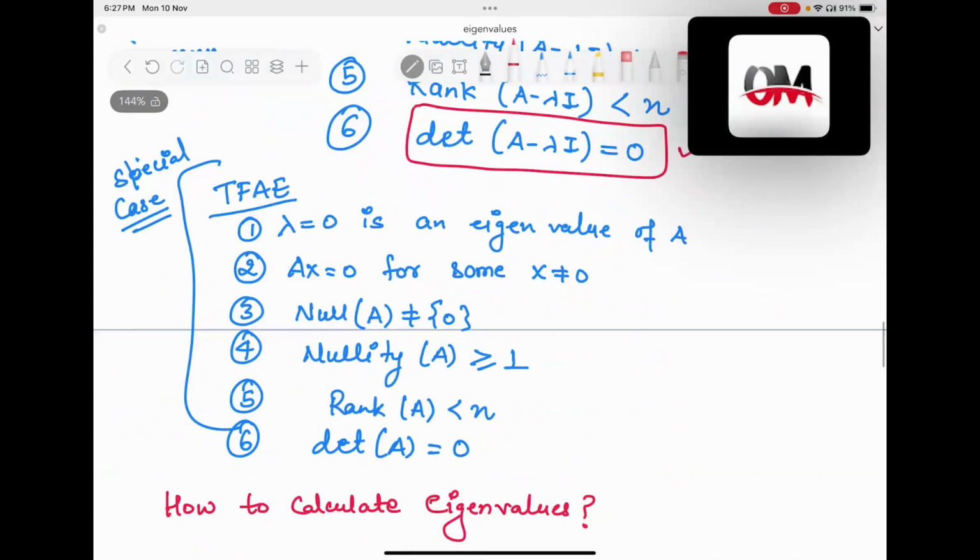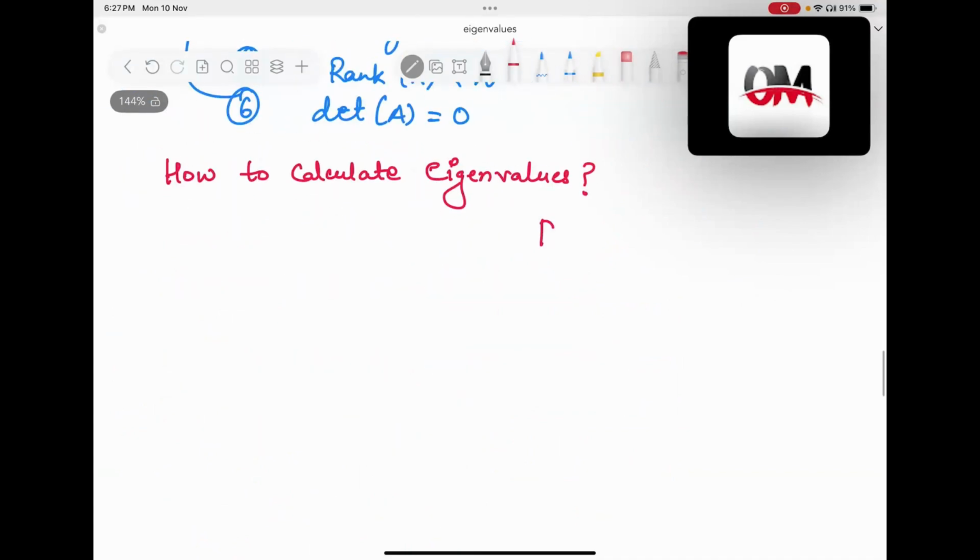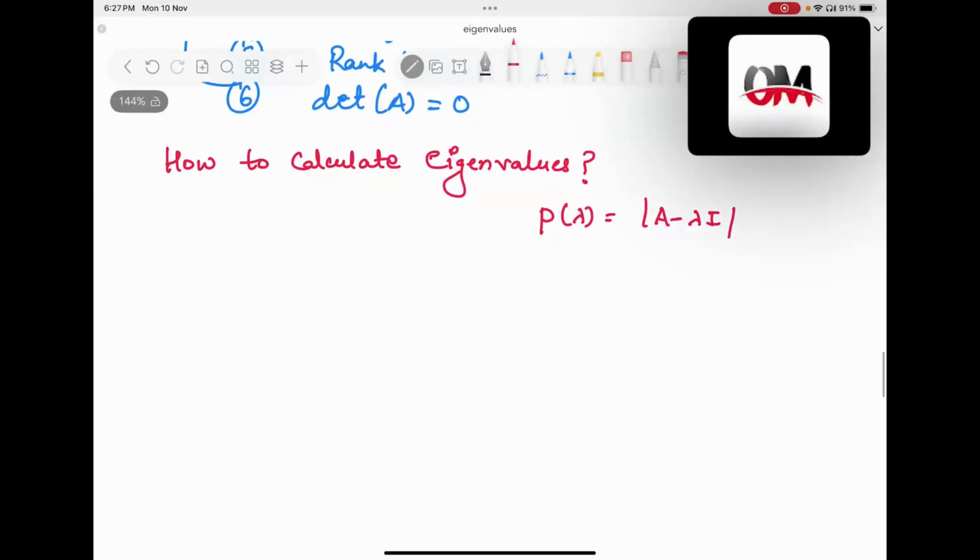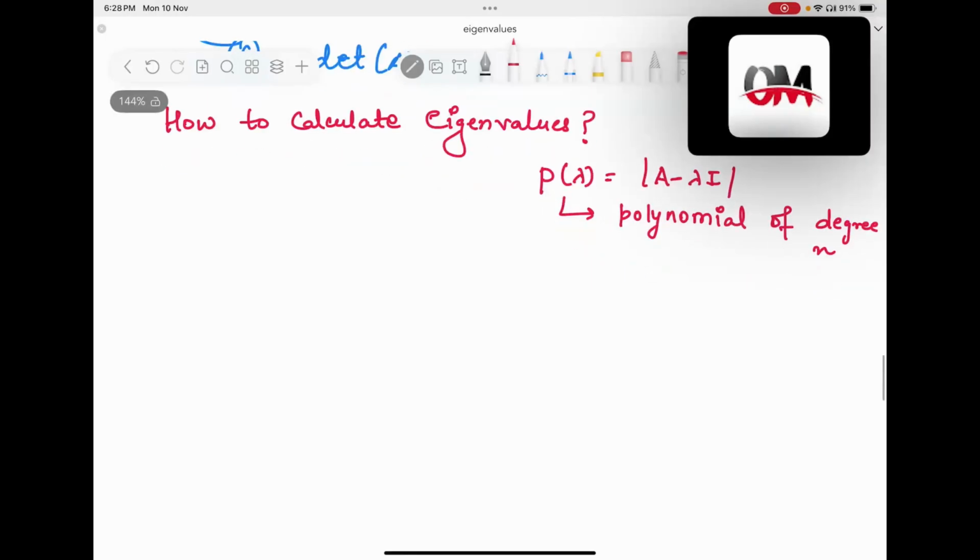So what we can do is just calculate this polynomial. P(lambda) is equal to determinant of A minus lambda I. So it will be a polynomial of degree n, right?